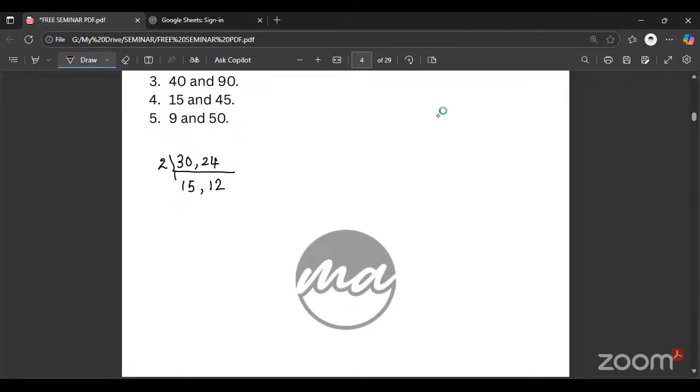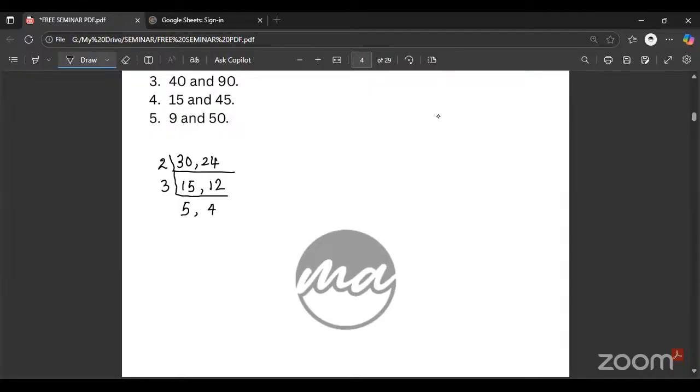Now, after dividing by 2, can you divide both of them by 2 again? No, we can't divide 15 by 2. Can we divide both of them by 3? Yes, we can. So 15 divided by 3 is 5 and 12 divided by 3 is 4.